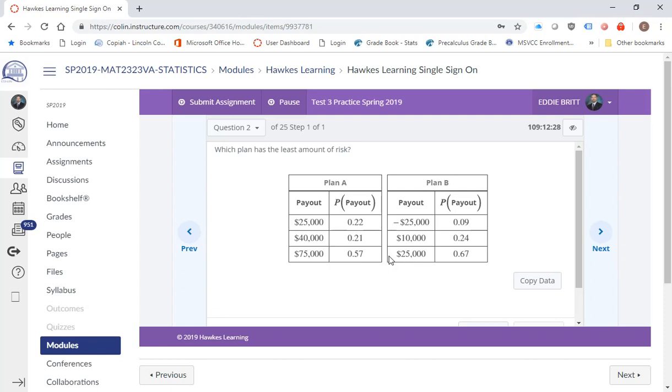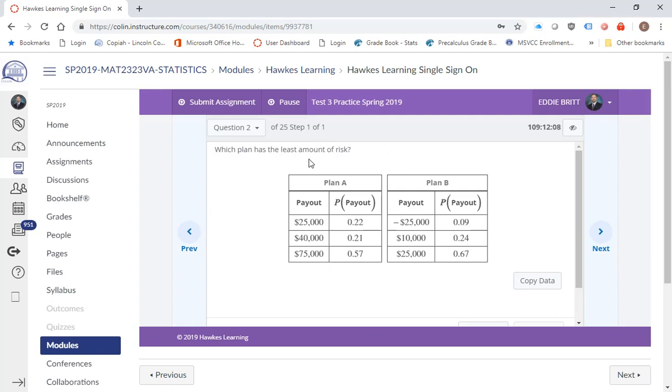But we have to break down the statistics and show one way or the other, because sometimes what we think is not the actual answer as far as risk goes over a long amount of time. Now, one might make more money, but which one has the least amount of risk?